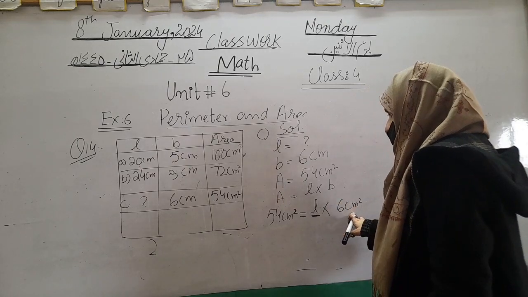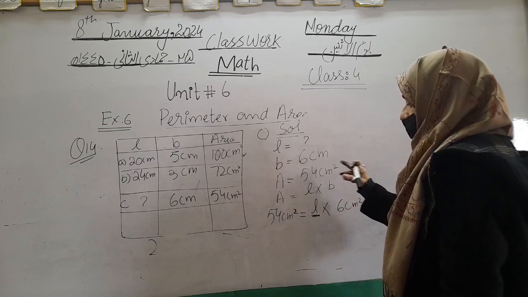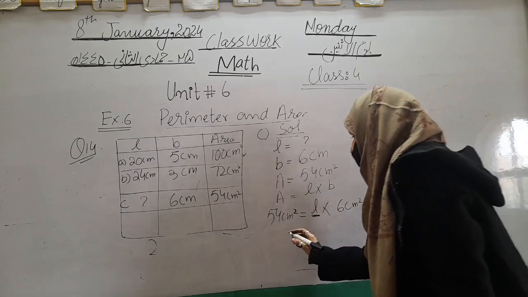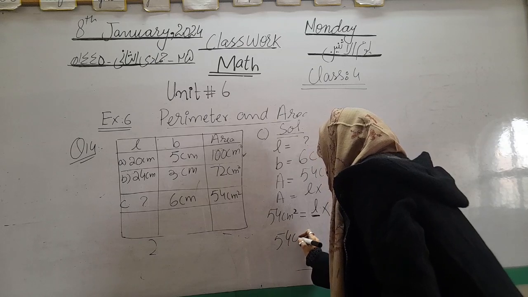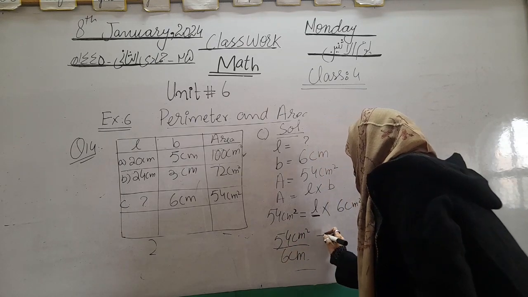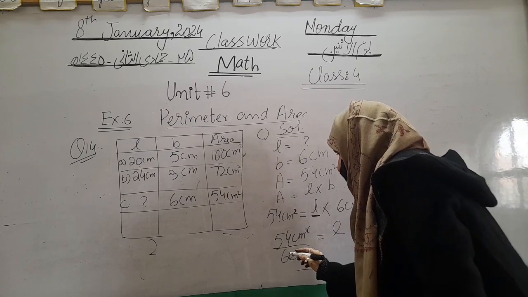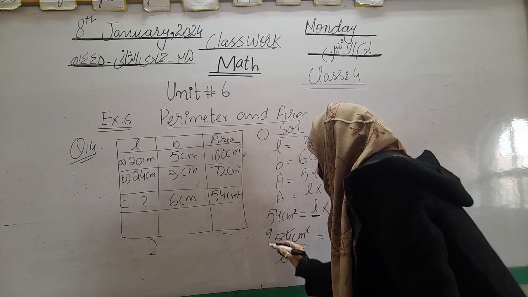Now we have 6 centimeter here, on this side of the equal sign. When you move it to the other side, you will divide: 54 centimeter squared by 6 centimeter, which is equal to length. Centimeter is cut with 1 centimeter. 6 ones are 6 and 6 nines are 54.